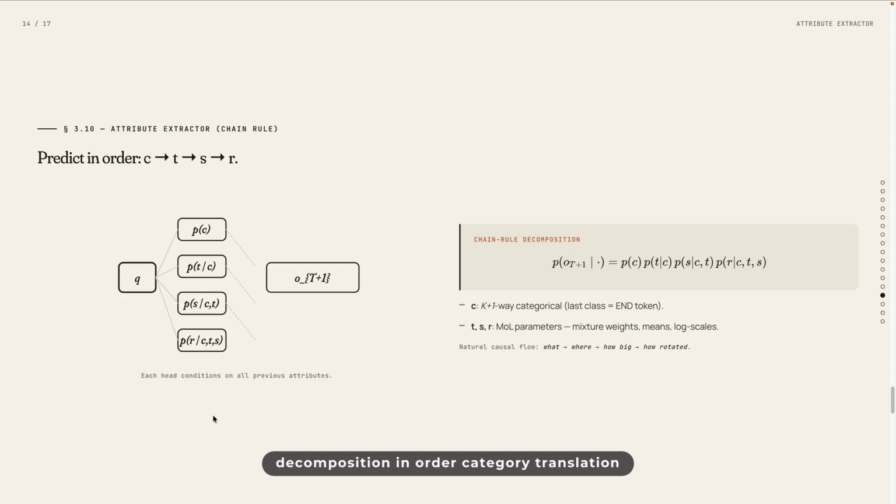The rest output MOL parameters: mixture weights, means, and log scales. This order follows a natural causal flow. What kind of object? Where to put it? How big? And finally, how to orient it. Big category objects also have narrower position distributions, so predicting them first reduces the variance.